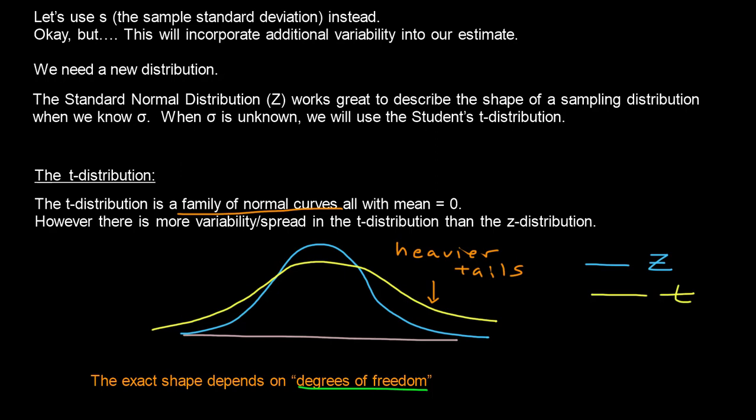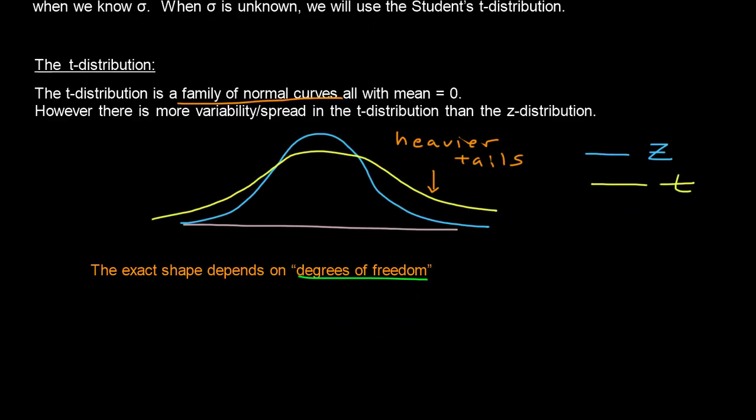Well, it's not too difficult. This is just dependent essentially on sample size. I'm going to say df is n minus 1. Sample size, we've seen, plays a considerable role in the reliability of our estimates. We saw that in the sampling distributions in the previous chapter.